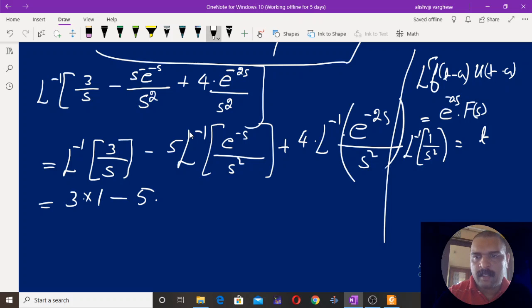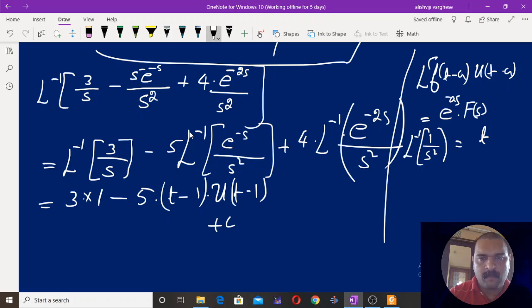So it is t minus, here a is equal to 1, so it is t minus 1 into u of t minus 1. U of t minus 1 is a unit step function which takes value 0 up to the point 1 and is equal to 1 after 1.